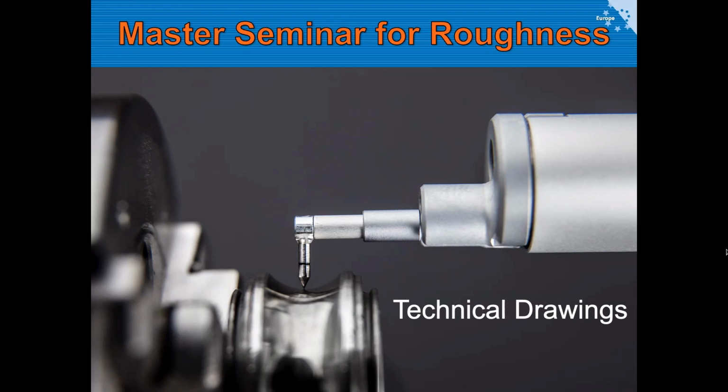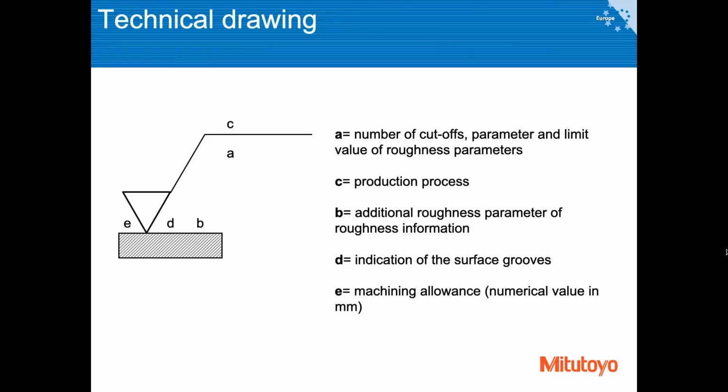Okay, and I already mentioned that these things must be specified on technical drawings. In order to do that, we use a unified symbol, which looks like a square root sign, but it may or may not contain this upper line here.